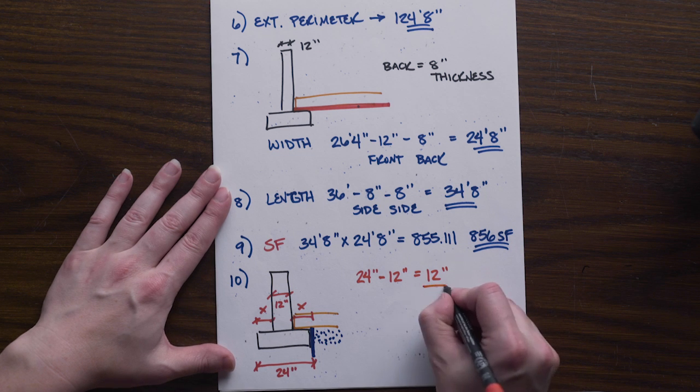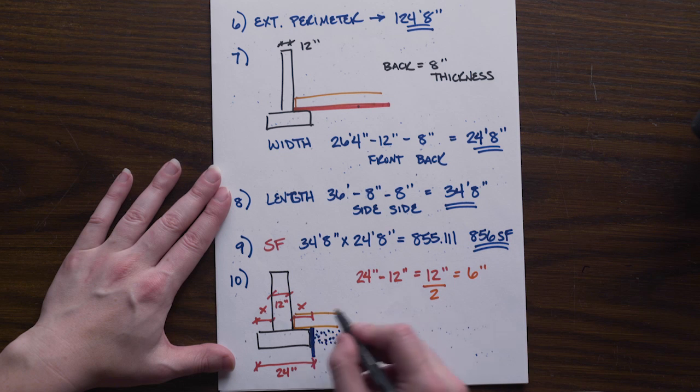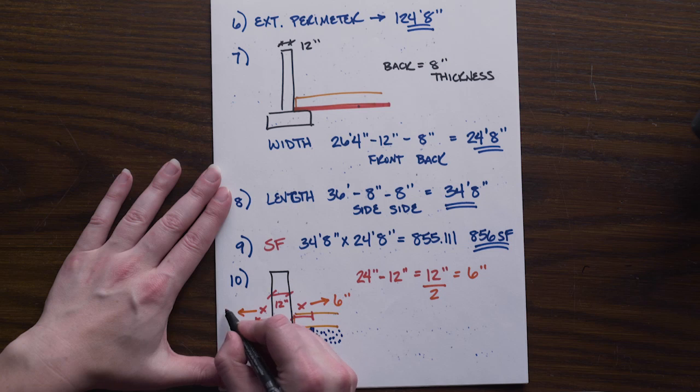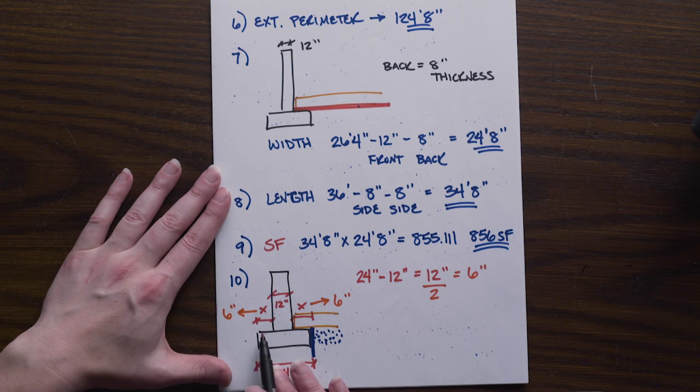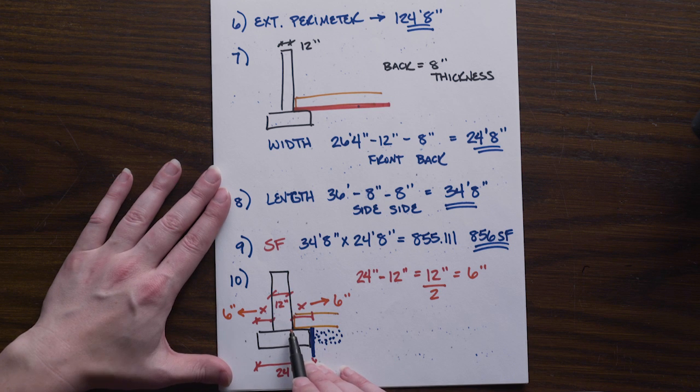So 12 inches divided by 2 gives us 6 inches. So in this case, 6 inches is on either side of our foundation wall. So therefore we need to come 6 inches in from the inside of our foundation wall.